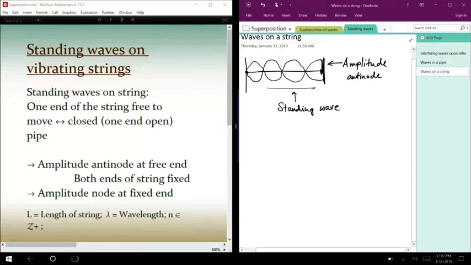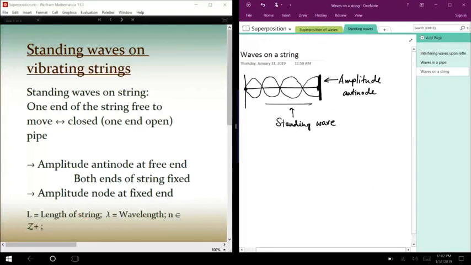I'm letting the amplitude of the string go positive and negative, so it's an amplitude antinode. And then at the point where the string is fixed to the wall, the string doesn't have the ability to move up and down, which means that this point must be an amplitude node.